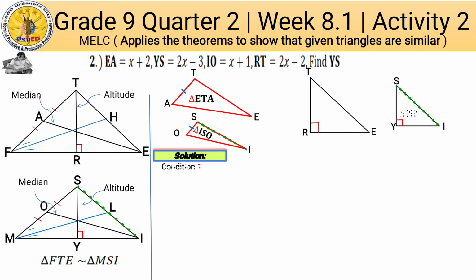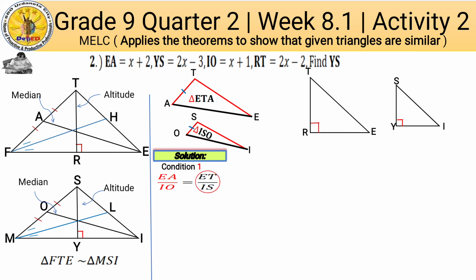Now, for our first condition, using triangle ETA and triangle ISO, we can formulate a proportion using its sides, with one side in common with the triangles ETR and triangle ISY. The proportion is the ratio of the medians EA and IO equals the ratio of side AT and side IS.